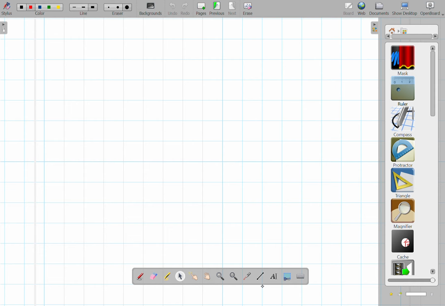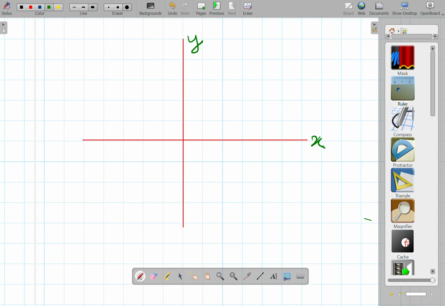If this is your X and Y plane, with x and y axes, and we have numbers 1, 2, 3, 4, and 1, 2, 3 as negatives, and there's a 0 there.